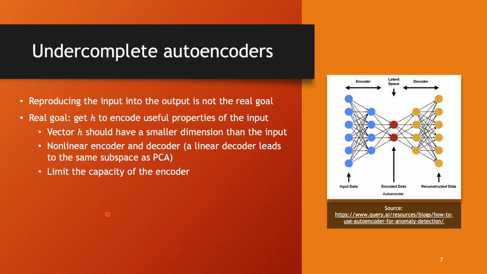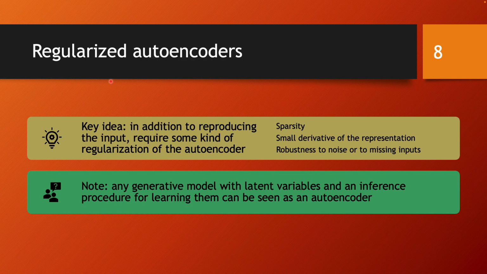So this idea of limiting the capacity of the encoder leads to the concept of regularizing autoencoders. And this regularization can be of many different types. We mentioned on the previous slide that you want to have a smaller dimension of the embedding as compared to the dimension of the input, but you can also think in terms of sparsity, for example, the idea that out of those latent variables, just a small number of them are active for any given input.